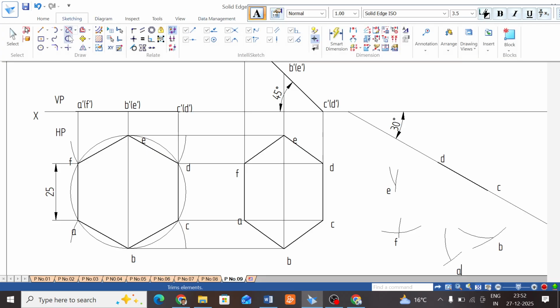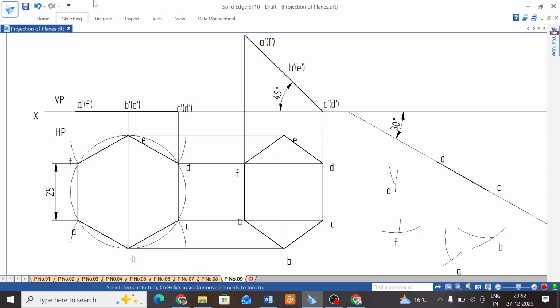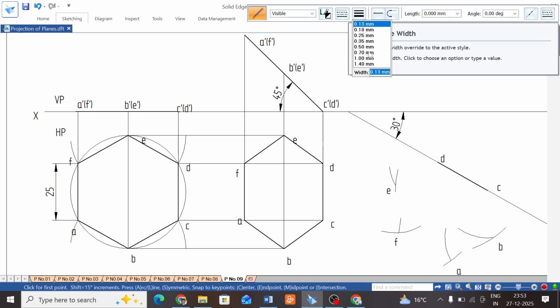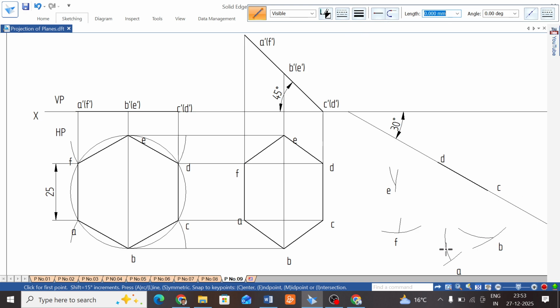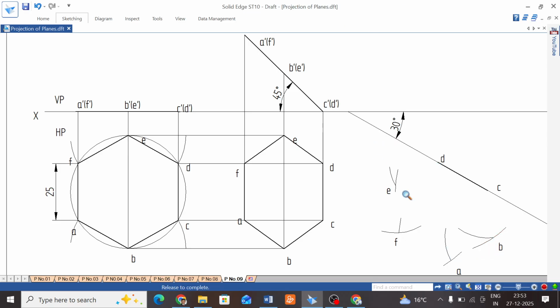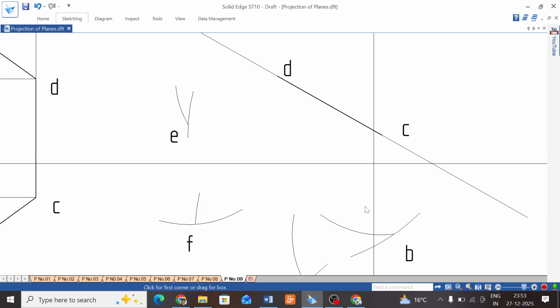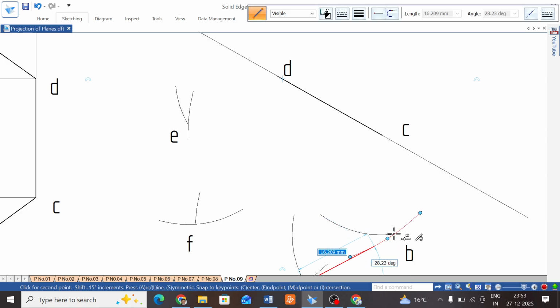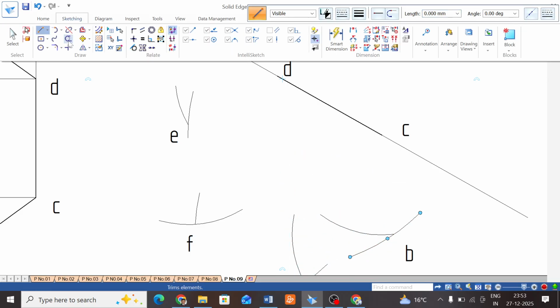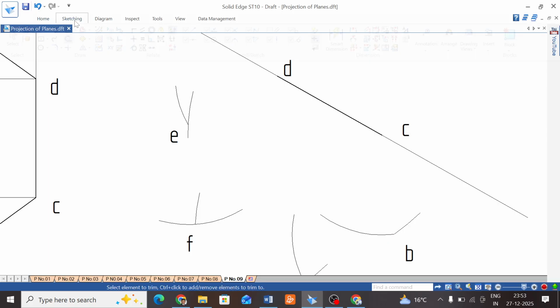Now join those points, all the corners from DC. Already we have drawn DC with thick line. Join the remaining points. Start with A to B. If you are not getting it, just make it clear.